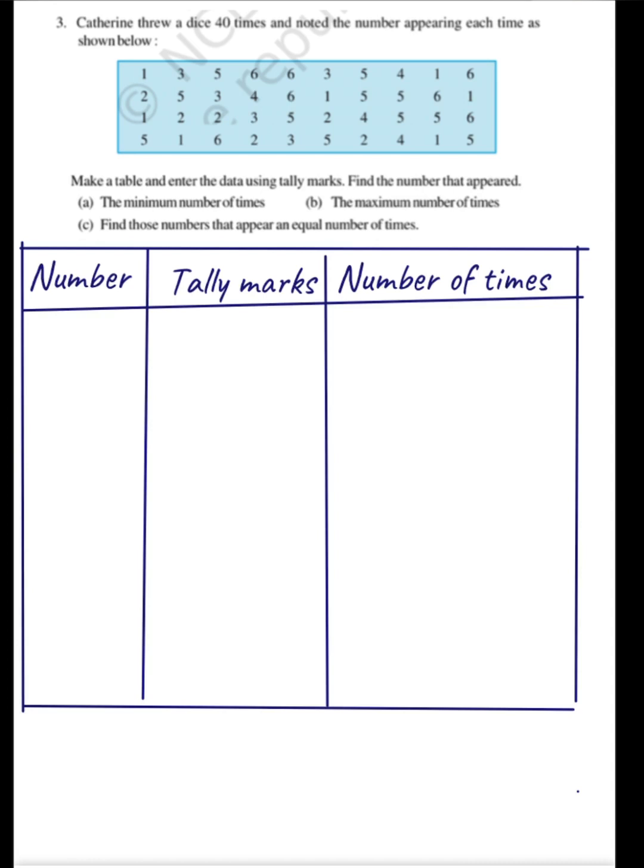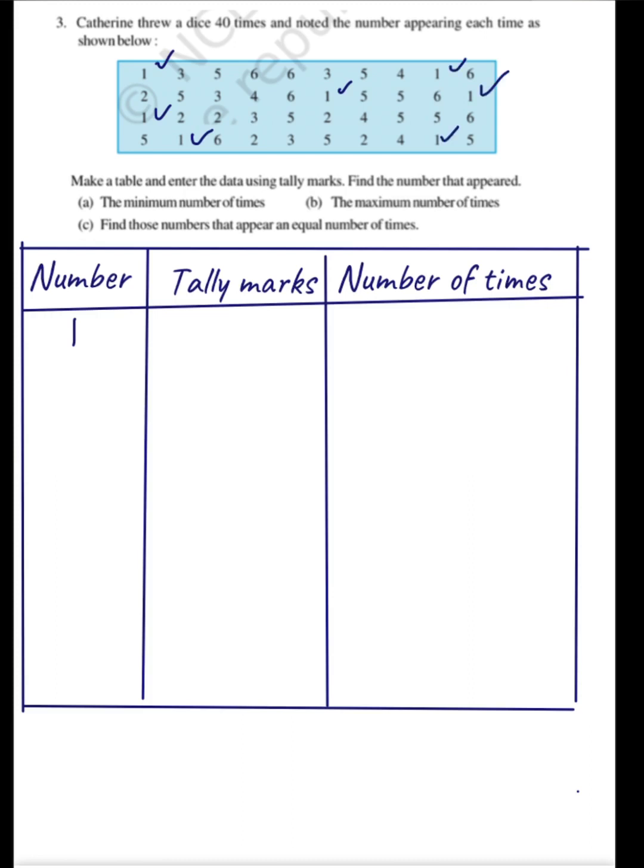Now let's mark the numbers. You know that when a dice is thrown, the numbers that appear are 1, 2, 3, 4, 5, 6. First let's write the number 1 and count how many times number 1 has appeared. 1, 2, 3, 4, 5, 6, 7.